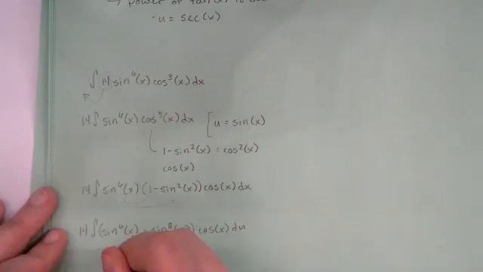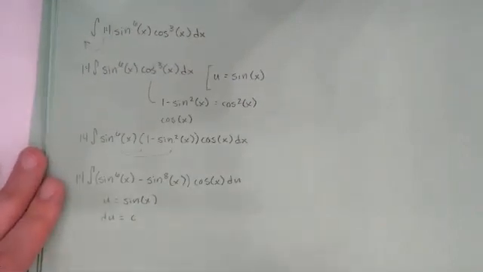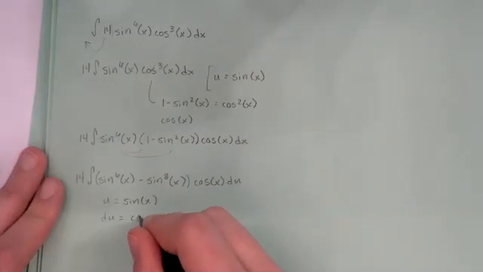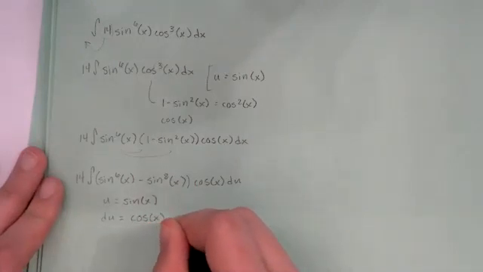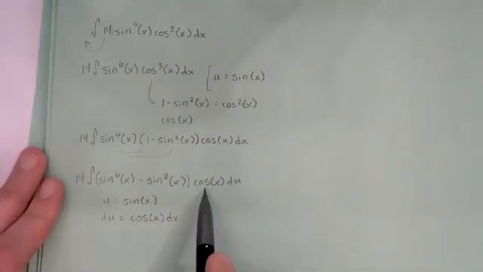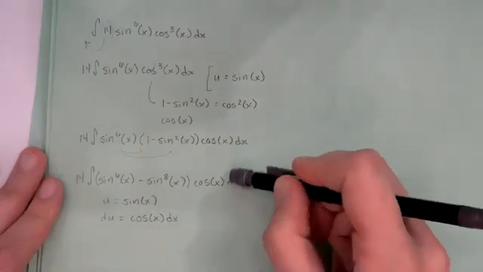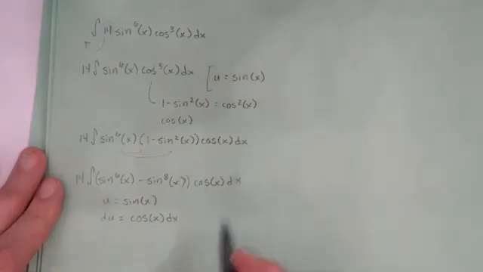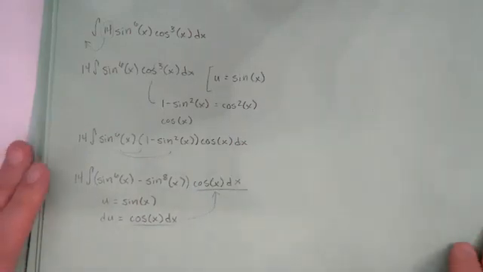So if we have our u equal to sine, our du is going to be just a regular cosine of x dx, which we can see we have right there. So it's a really nice substitution, actually.